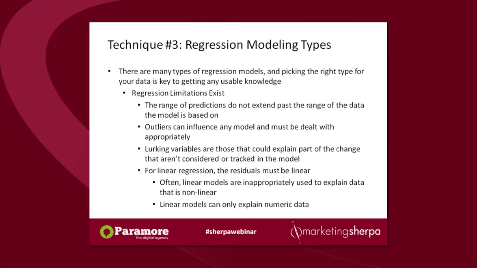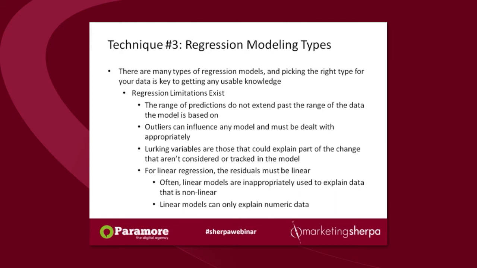So there are some limits to regression. Nothing's perfect. I get this question all the time: well, does this work 5 years from now? The truth is, your regression model is only as good as the data you put into it.